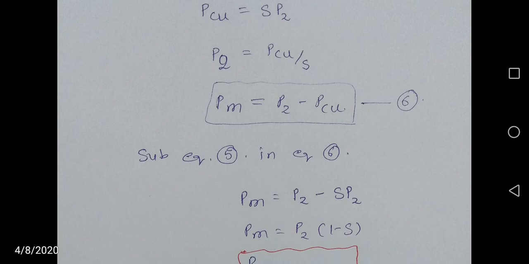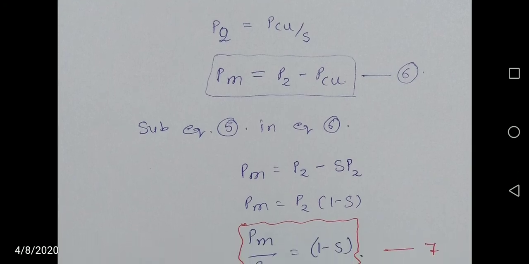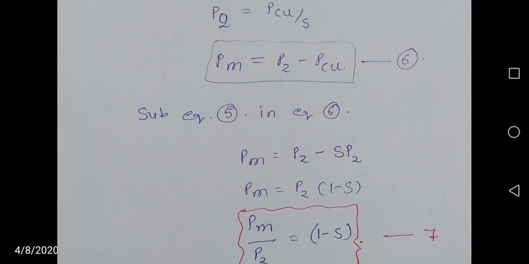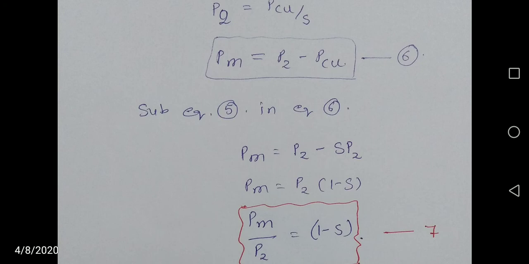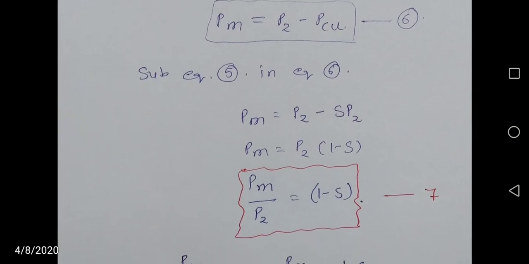So substitute that SP2 value in place of PCU in equation 6. Then PM equal to P2 minus SP2. Take P2 common: PM equal to P2 into (1 minus S).